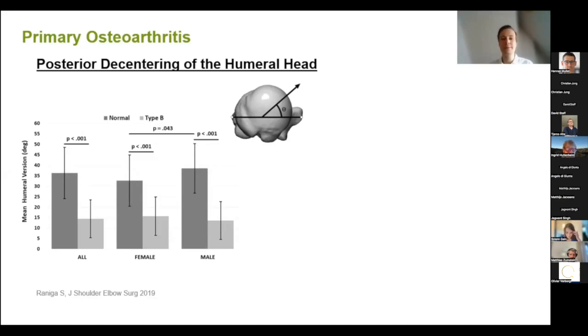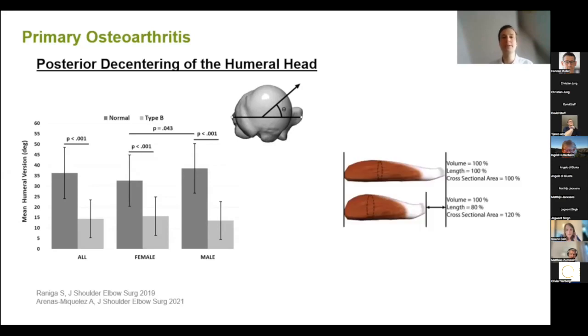The same authors have questioned the hypothesis of an imbalanced force couple as the causing factor of subluxation. They did a volumetric study comparing anterior versus posterior cuff and found no difference regarding volume. They hypothesized that posterior humeral head subluxation with associated eccentric posterior wear and joint medialization causes a slacking of the posterior cuff.